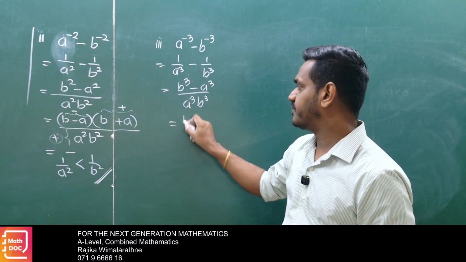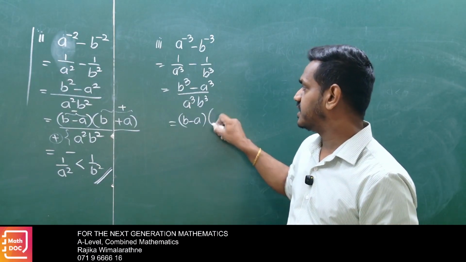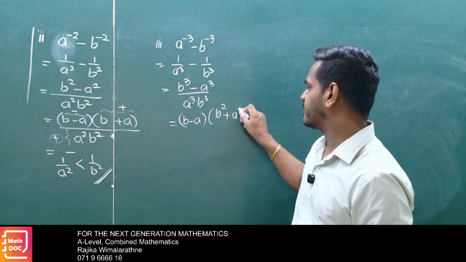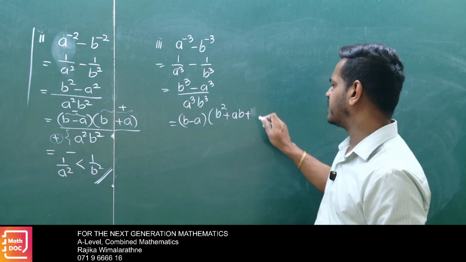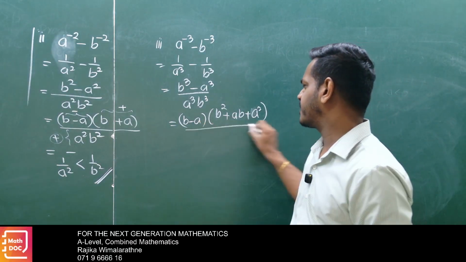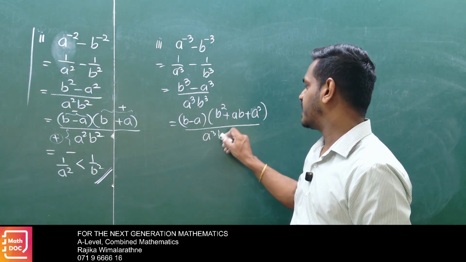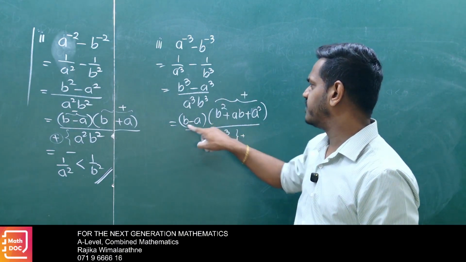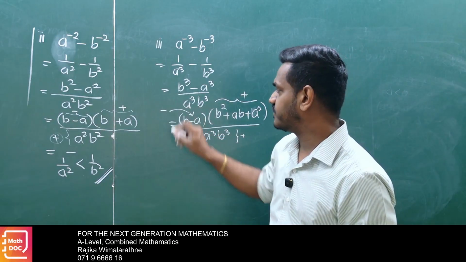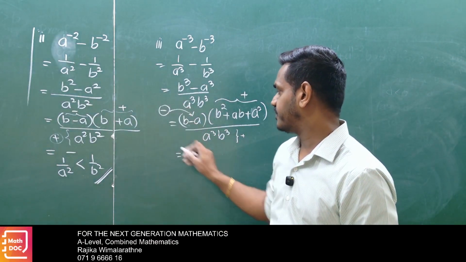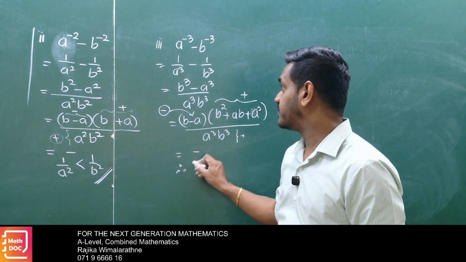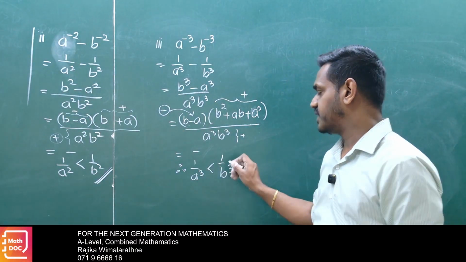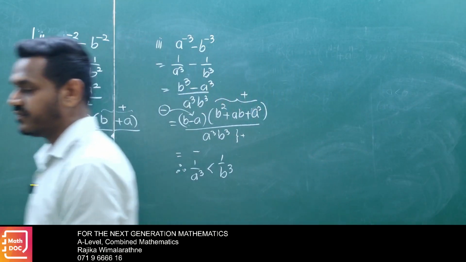Factorize numerator, b minus a, the difference of two cubes, b square, ab plus a squared. Here positive, b minus a, this part negative. Then full relation is negative, no? So that idea, 1 over a cube is less than 1 over b cube. Continue.